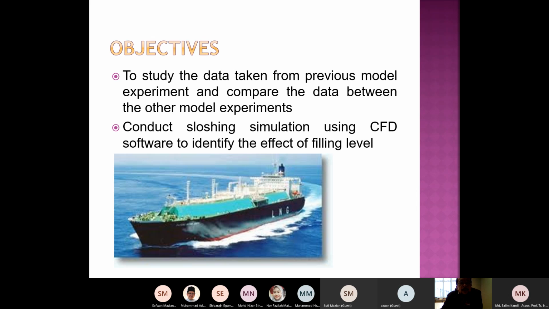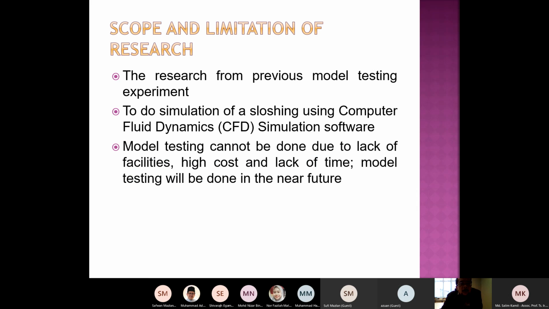Actually, filling level has an effect on the sloshing, or on the severe pressure on the tanks. So the scope of the presentation: research from previous model testing experiments and simulation in the CFD software. For this time, we haven't done the model testing because of the lack of facilities and cost. Maybe in the future, right, we'll do it.